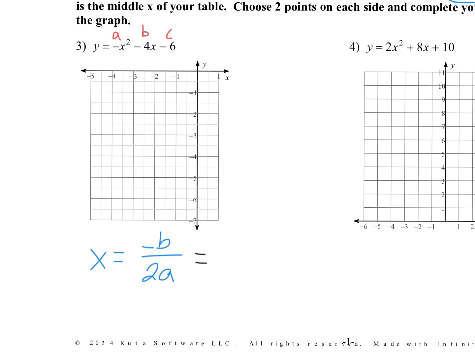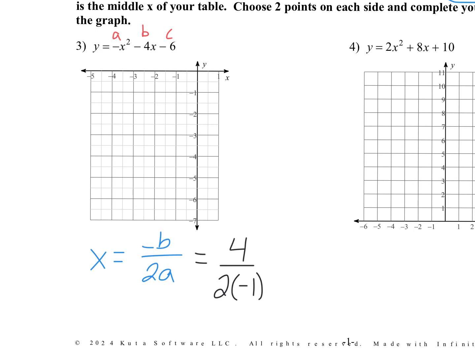What's negative b? First, what's our b? Negative 4, so what's the negative of this? Positive 4, we just want the number. So our negative b would be 4 divided by 2 times, what's my a value? Remember, we want the number. Negative 1, right? We have that negative sign out in front.